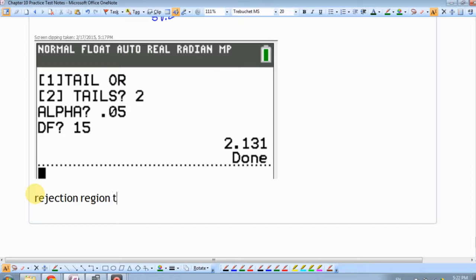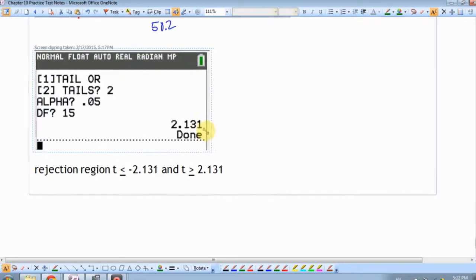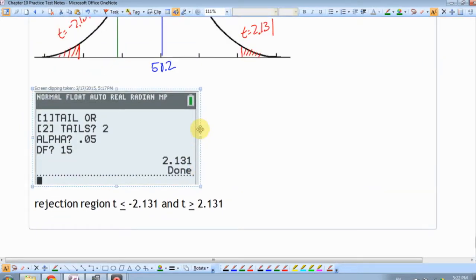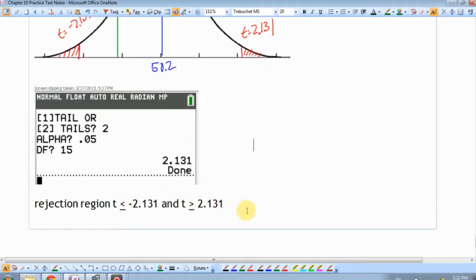That would be t is less than or equal to negative 2.131 and t is greater than or equal to 2.131. And again, since our test statistic is not in either of these regions, that's confirmation that we fail to reject.